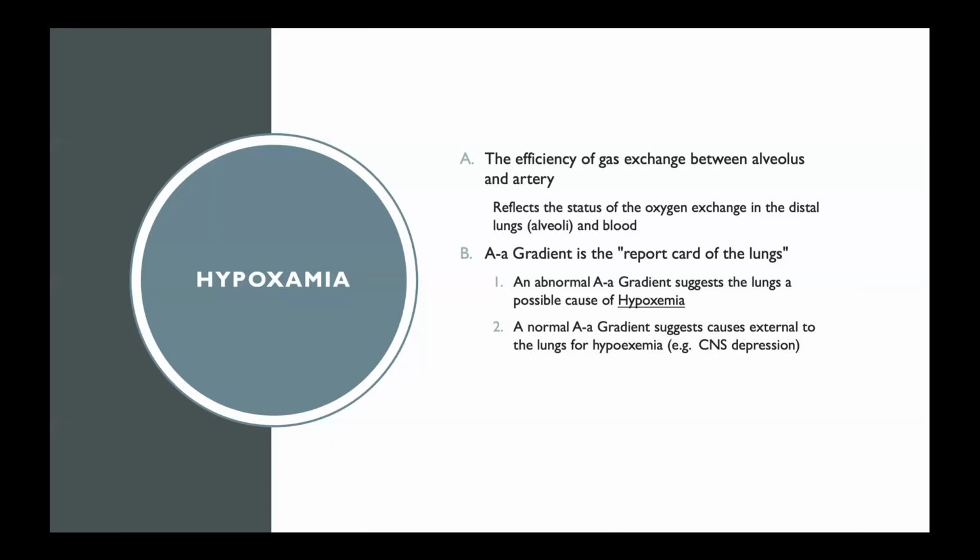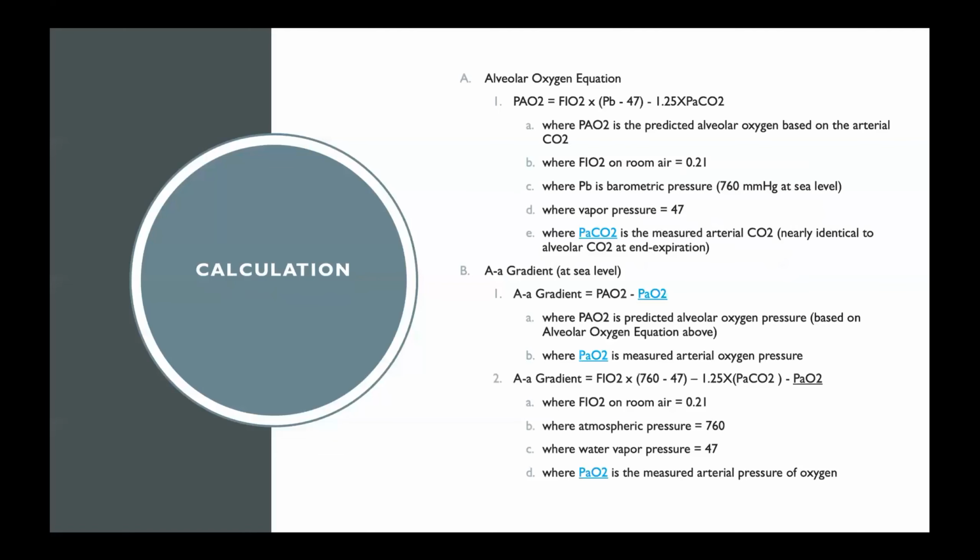To do that, we need to know how to calculate alveolar oxygen pressure. It's simple, right? First, the fractional oxygen. In room air, 21% is oxygen, so we call it 0.21.